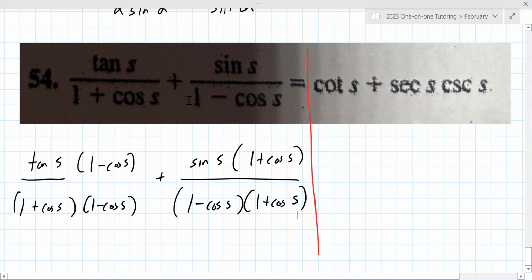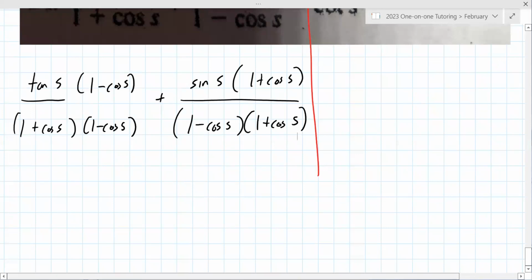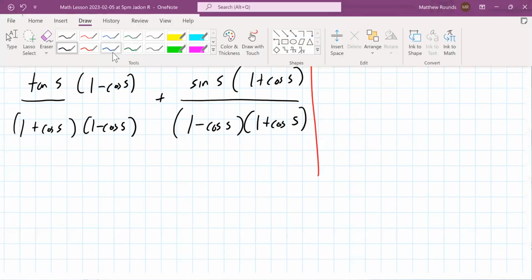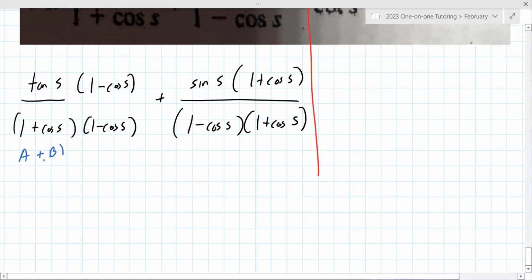Now on the bottom, when you FOIL, you should recognize that the bottom is a difference of squares. It's a plus b times a minus b, which becomes a squared minus b squared, meaning that you square the first one, 1 squared minus cosine squared. And that's going to happen in both bottoms. Is that okay?